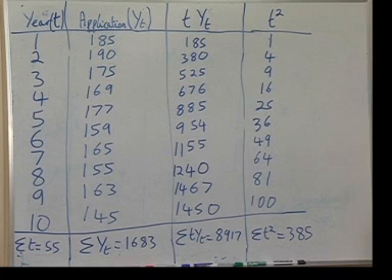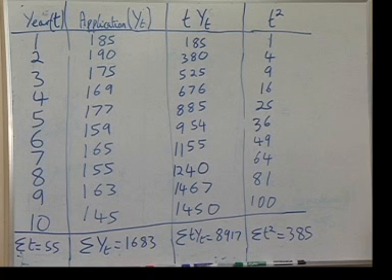Now two other columns that need to be added are called TYT and T squared. You set up the information based on what you have first. So we know the number of years and we know the applications per year. So we set up the table first: 1, 2, 3, 4, 5, 6, 7, 8, 9, 10.